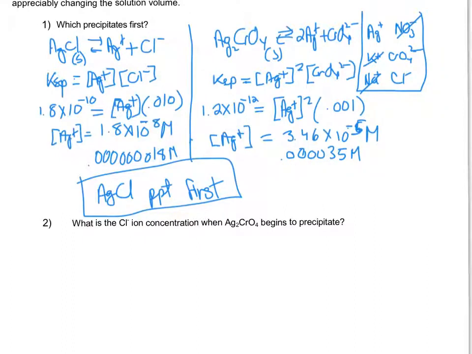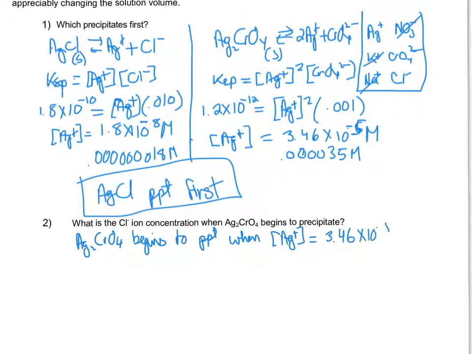Let's write that down first. So the Ag2CrO4 begins to precipitate when the silver ion concentration reaches 3.46 times 10 to the negative fifth molar.